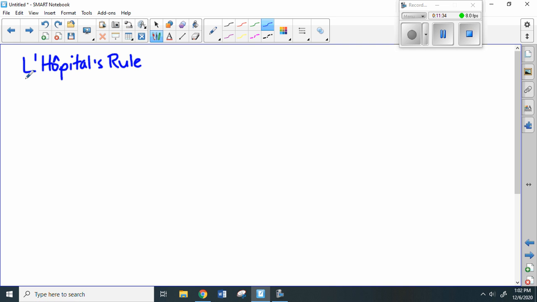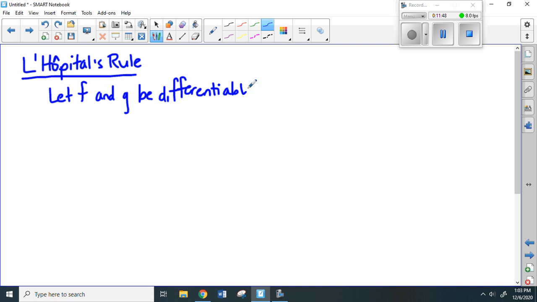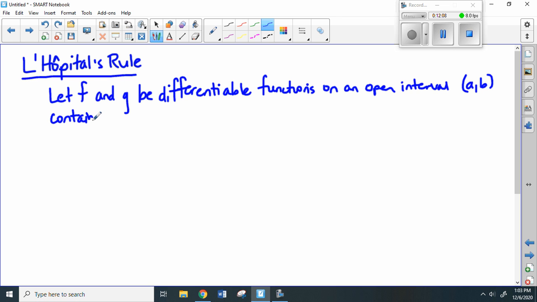Let f and g be differentiable functions on an open interval from a to b containing c, except possibly at c itself.